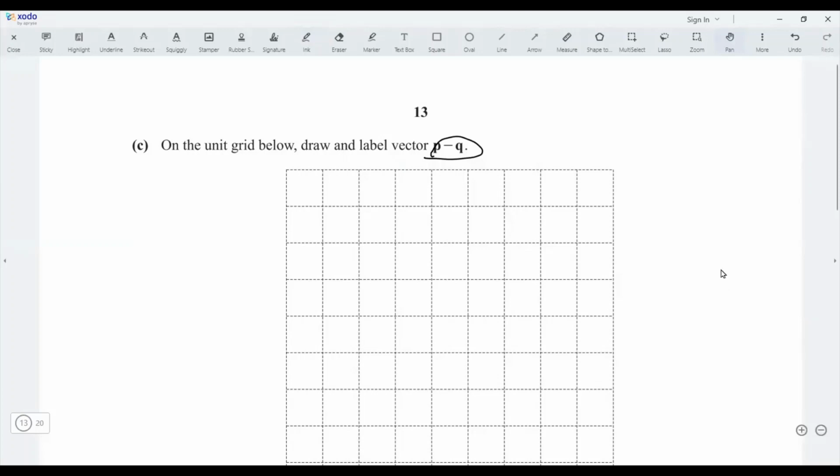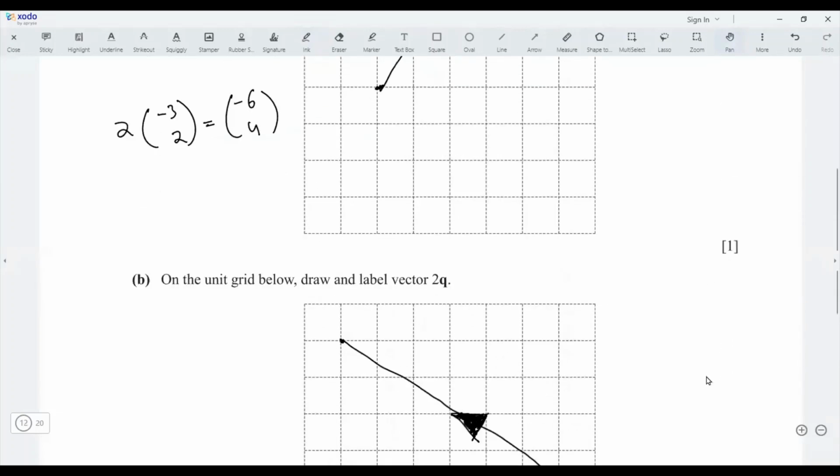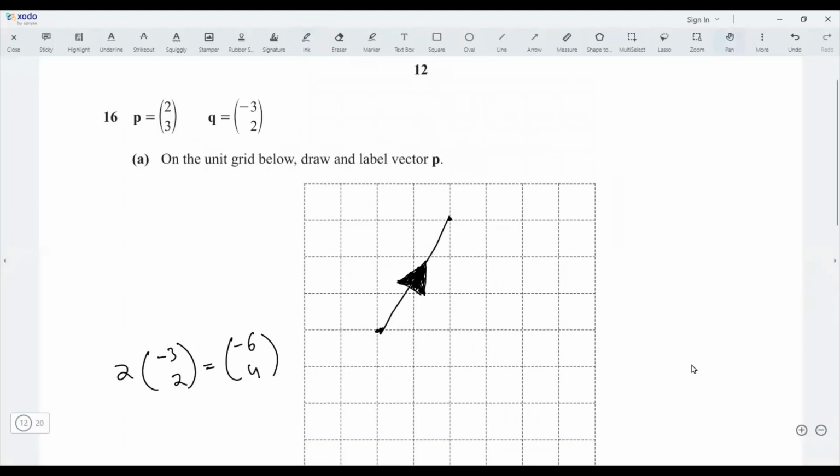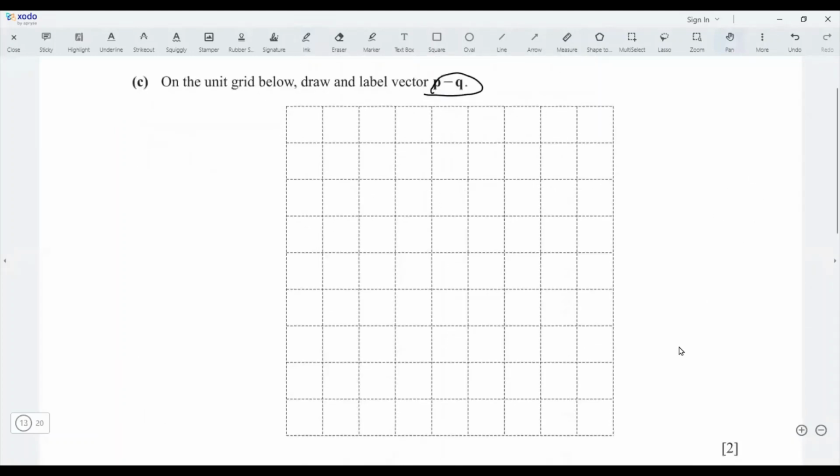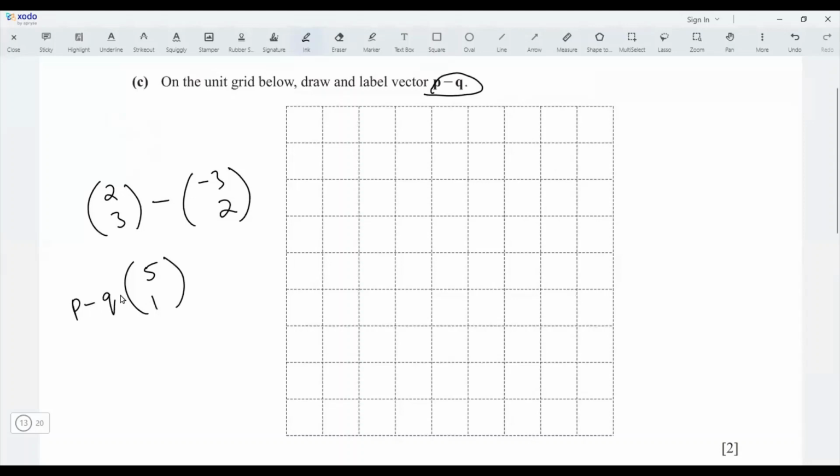P is basically 2 and 3, and -3 and 2 is Q. Means P is 2 and 3, minus the other vector, which is -3 and 2. So making this a single vector, 2 minus minus 3 becomes +5, and 3 minus 2 is 1. So this is the simplified answer for P minus Q in terms of column vector.